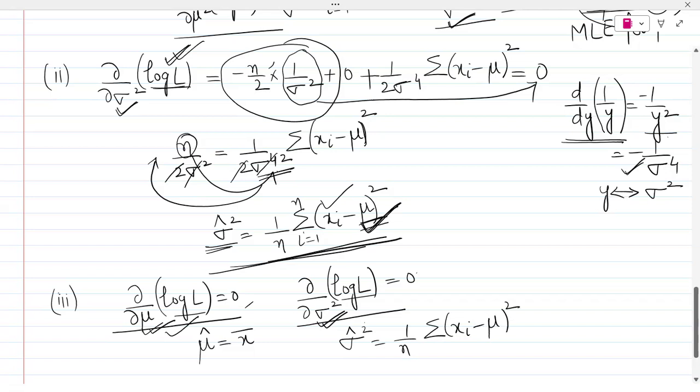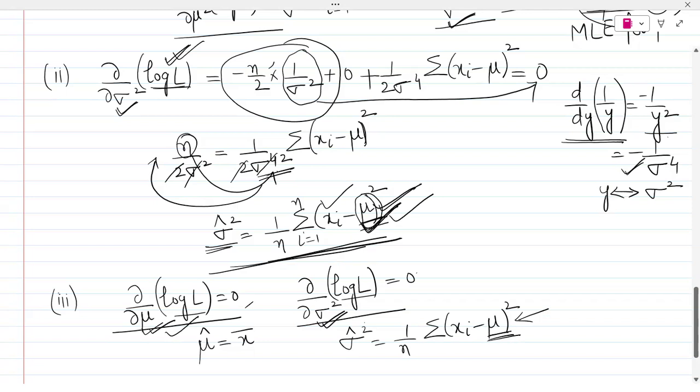But in the previous case mu was known, so we could use that known value here. But here mu is unknown, so we will not have its exact value.